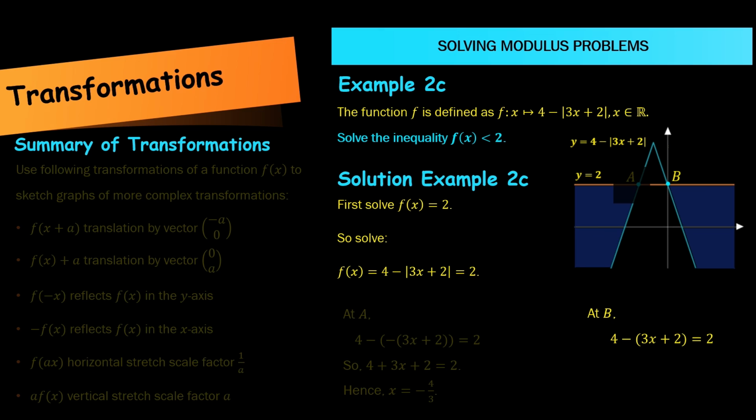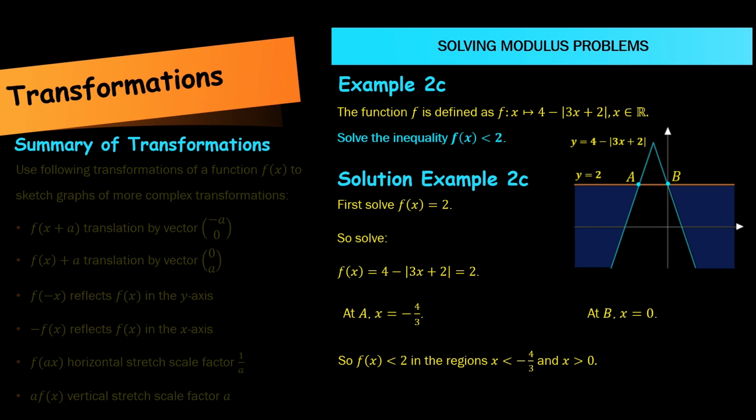And so tidying up and expanding the brackets gives us that x equals 0. So at point A, x equals minus 4 over 3, and at point B, x equals 0.